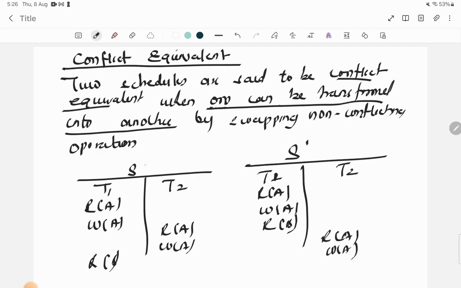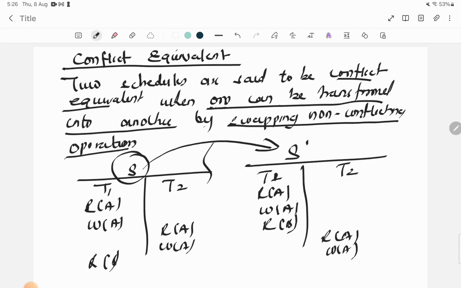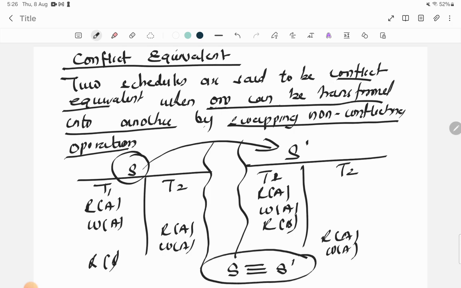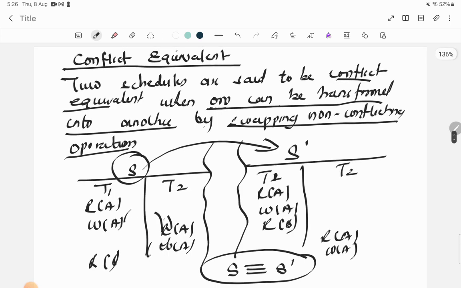If we can transform this schedule into that schedule by swapping the non-conflicting operations, it is called conflict equivalent, and it is denoted by S triple equals S dash. It means that both schedules are conflict equivalent, and by swapping certain operations, we can convert one schedule into another.